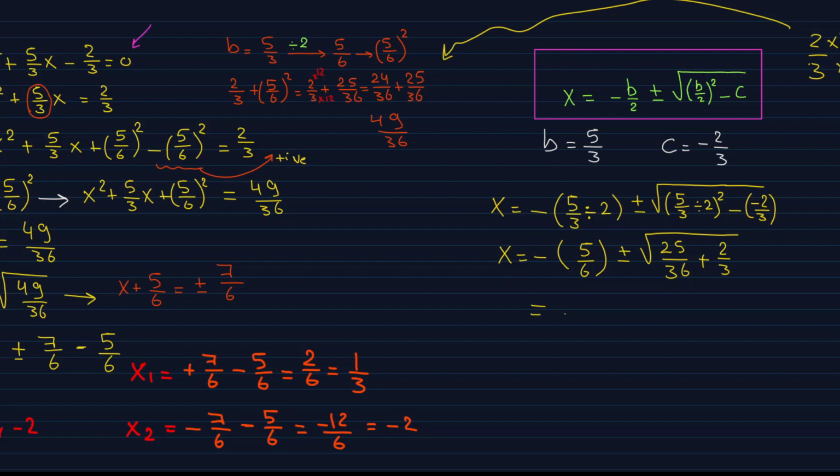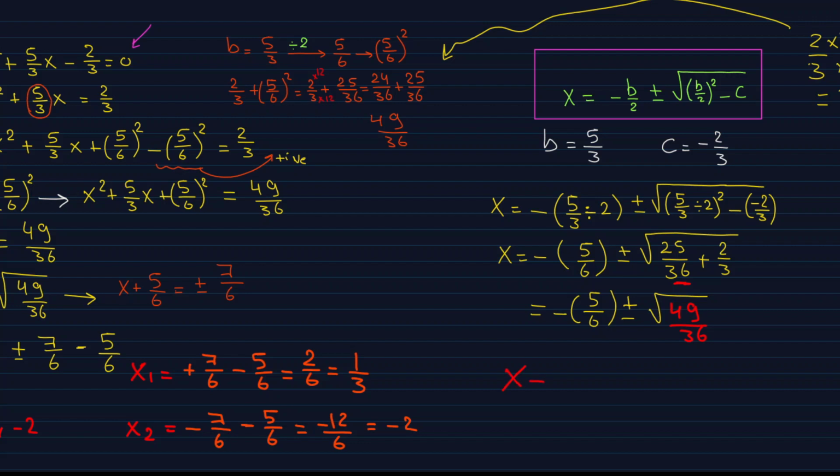Will be equal to negative 5 over 6 plus or minus the square root of the result that came from here, 24 over 36 plus 25 over 36, we will get 49 over 36, and all of this is underneath the square root.